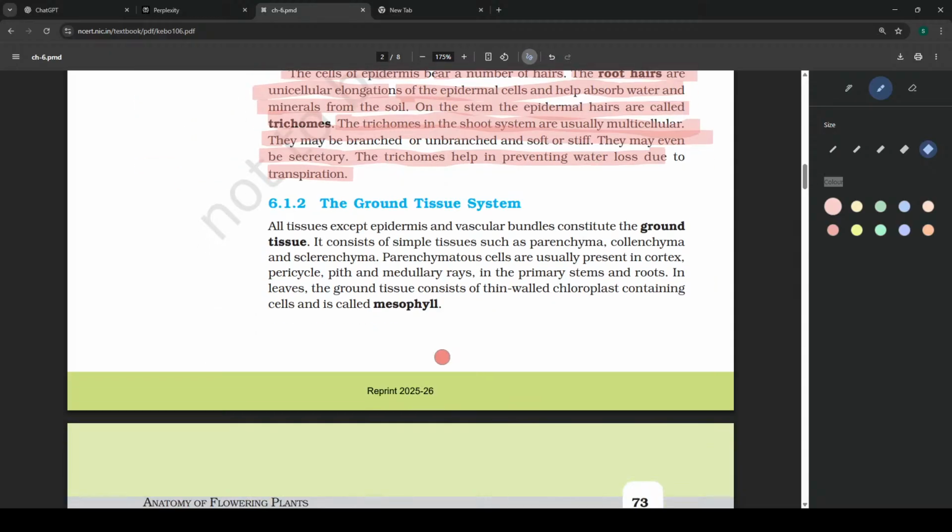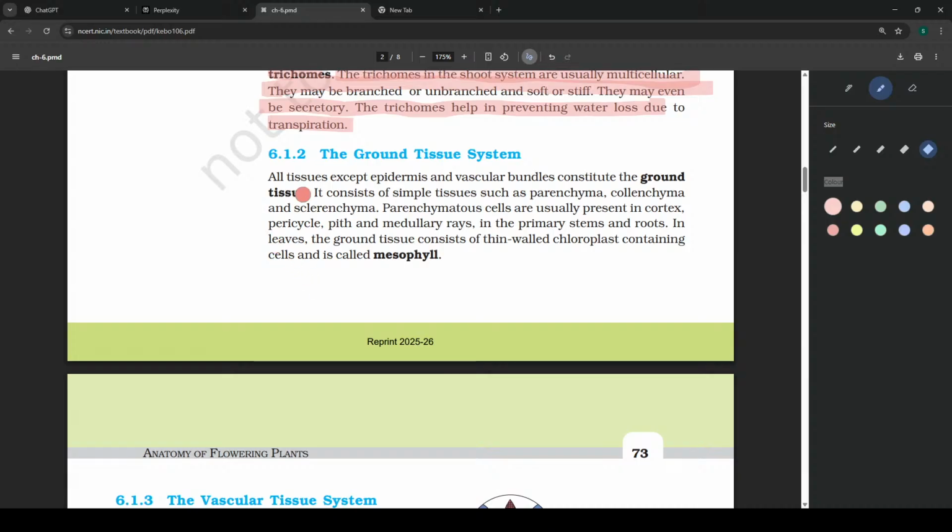Now let's go to the second kind of system, the ground tissue system or the fundamental tissue system. All tissues except epidermis and vascular bundles constitute the ground tissue. Except epidermis and vascular bundles, whatever there is in the plant, all comes under the ground tissue system.